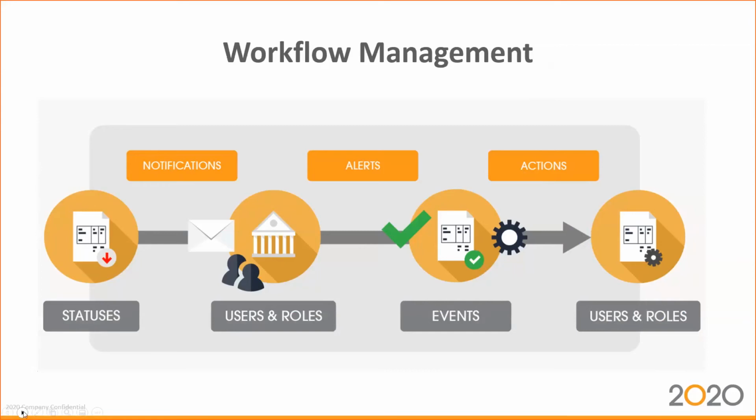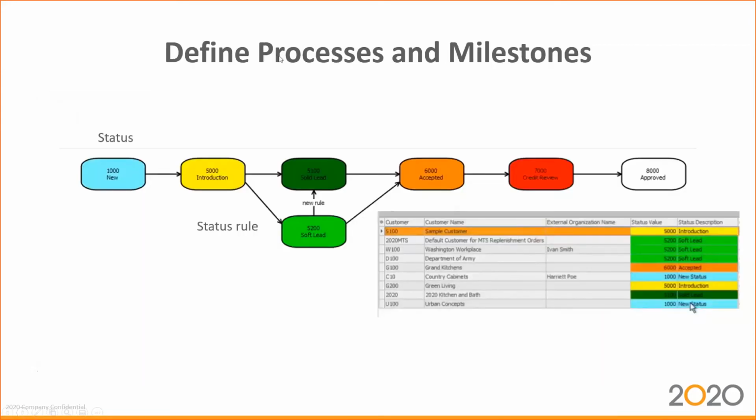Okay, so let's have a look at how that could look for a CRM, right? So a CRM functionality. In this case, this is a very simplistic flow. We are in our workflow management environment. So what you see here is a representation of the process. This process is from a lead to approved client.